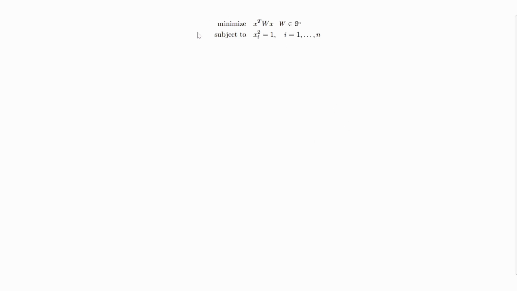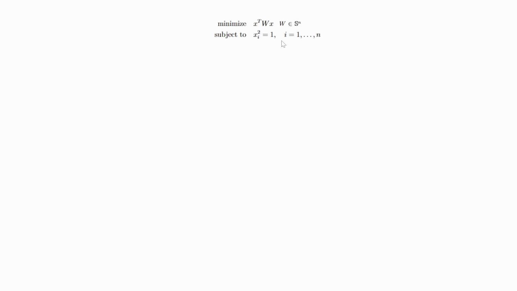We're trying to minimize x transpose W x, where W is a symmetric matrix in the n by n space. So n rows, n columns. But we're subject to this constraint where the 2 norm of x must equal 1. So notice this forces x to take on values -1 or 1 only.